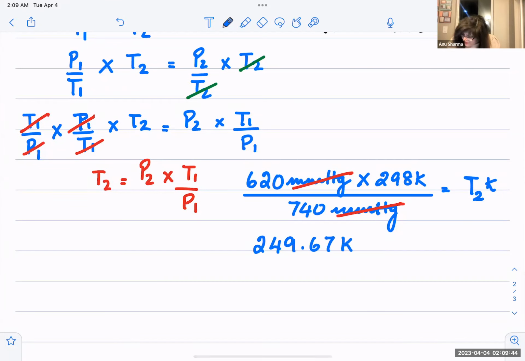So 249.67 Kelvin is T2, but the question wants this Kelvin value converted to degrees Celsius.